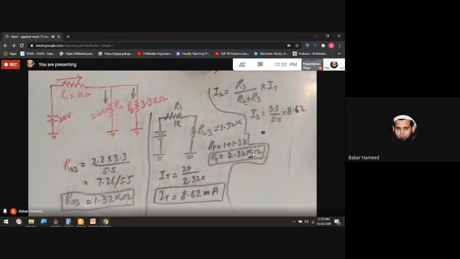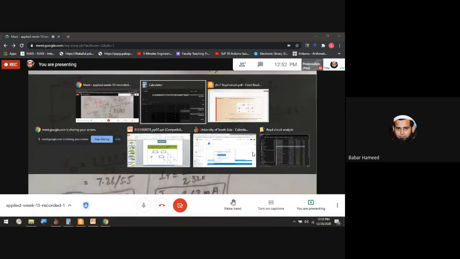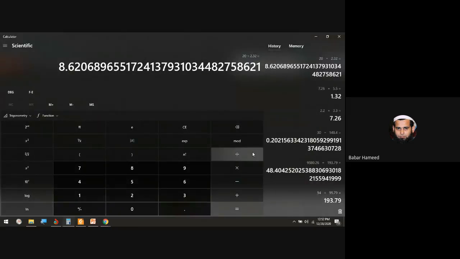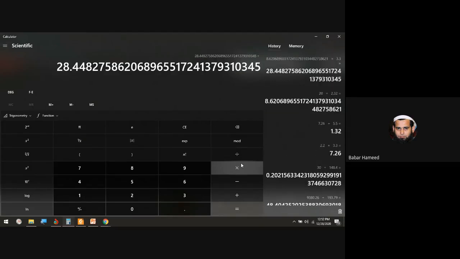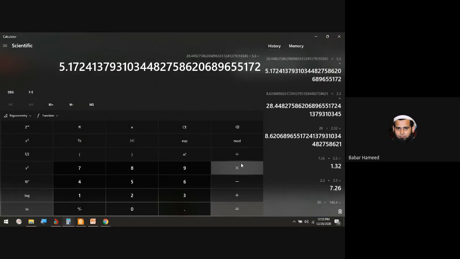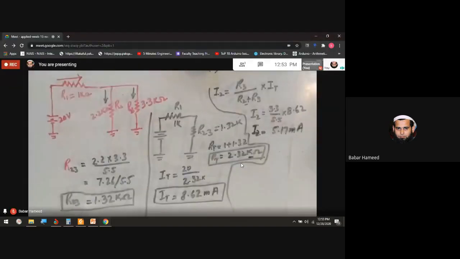Now calculate this ratio, that will result in 8.62 multiplied by 3.3 divided by 5.5. The result will be your current, that is 5.17 milliampere. Now you have found out I2.